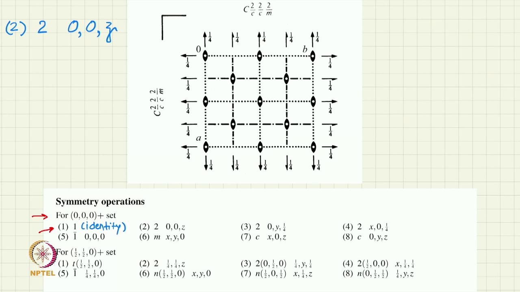The first 2 is telling us that it is a rotation, a two-fold rotation, that is a rotation by 360 degrees divided by 2, that is 180 degrees. So, it is a 180 degree rotation.